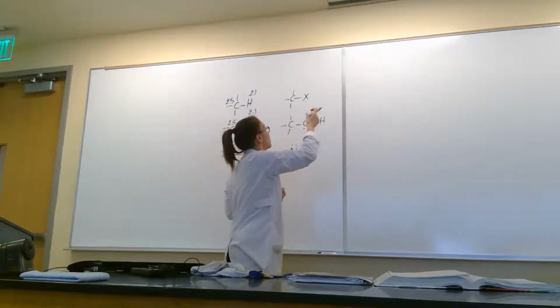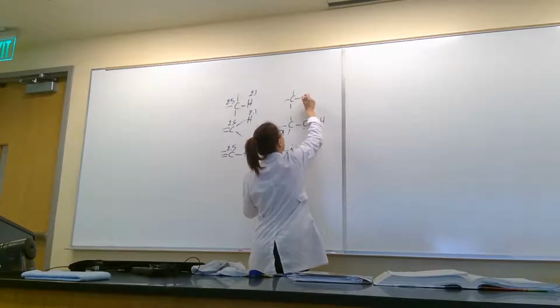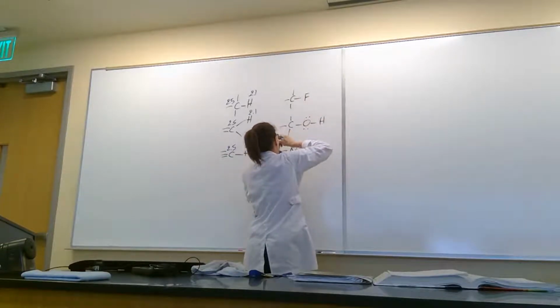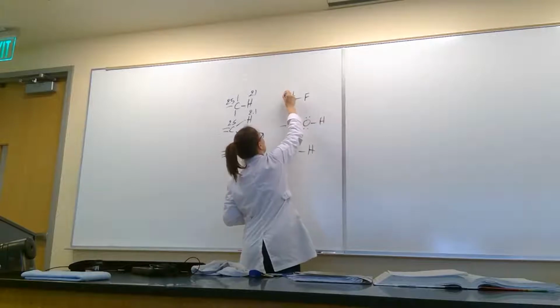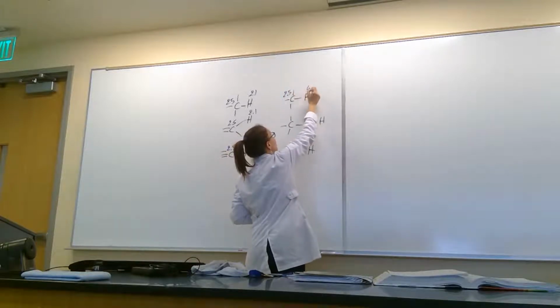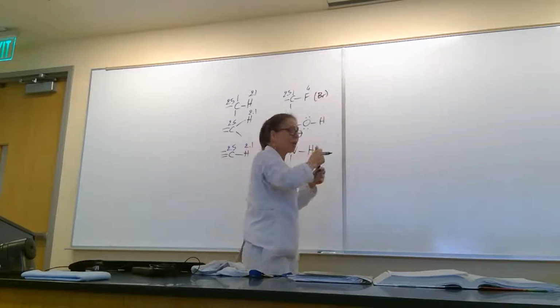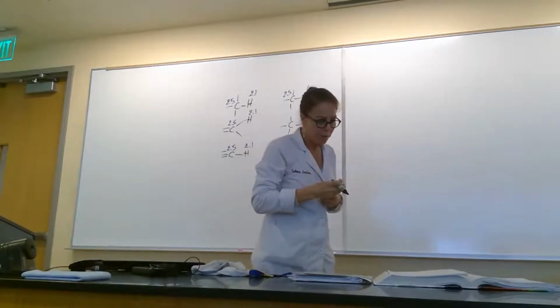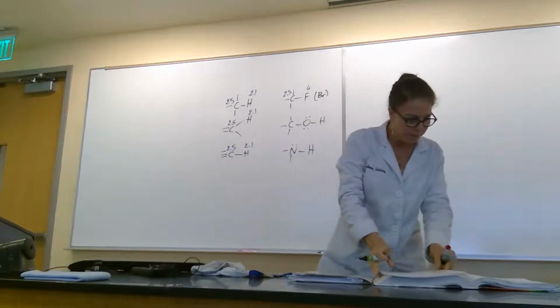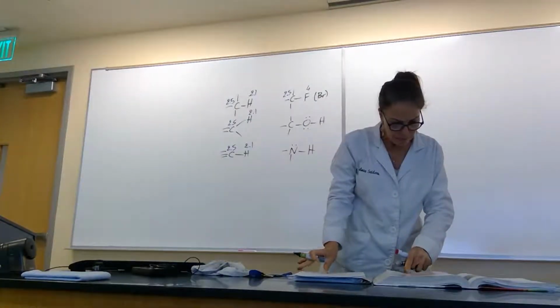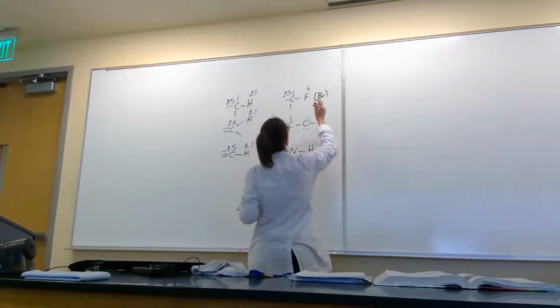If I put F as a halogen, or Br, the carbon is still 2.5, but the halogen can be 4 for F, and for Br it's 2.8.